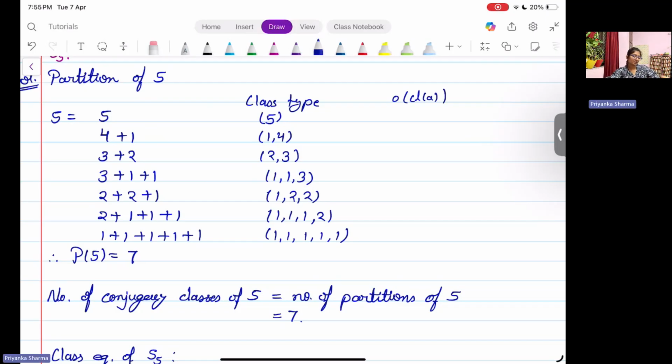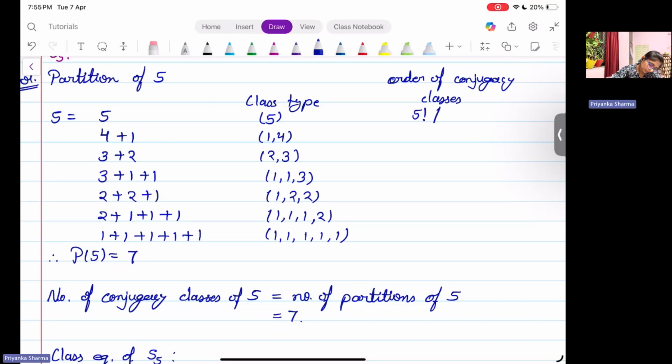Here is the order of these conjugacy classes. So the order of these conjugacy classes is this.